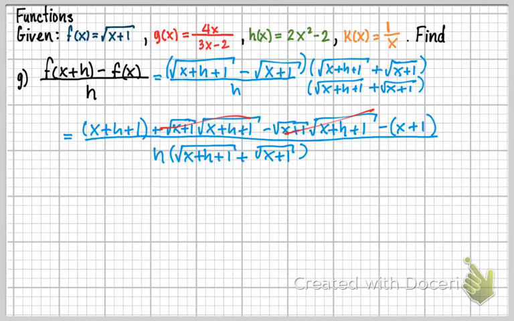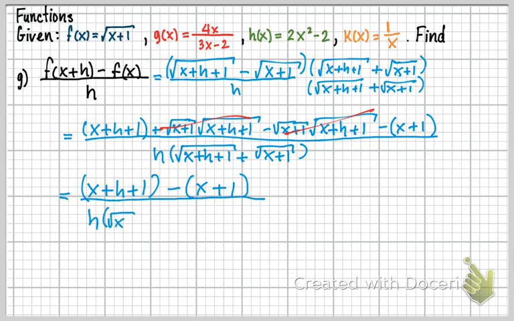So that tells me then I get x plus h plus 1 minus x plus 1 all over h times square root of x plus h plus 1 plus square root of x plus 1.